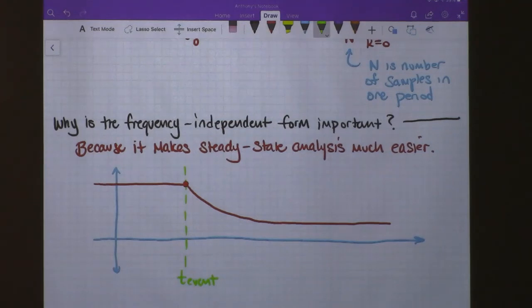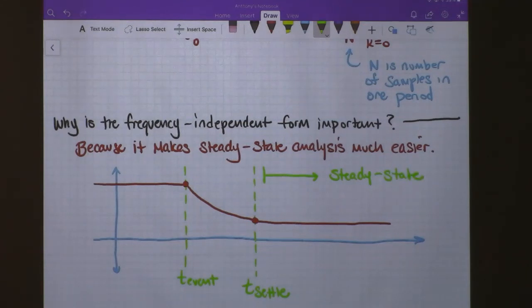So let's say that we can consider this. We'll call this T settle. So we have the point at which the event occurs and it causes a disturbance in the system, and then we have the point at which it settles. So here, from here over, this is a steady state condition.